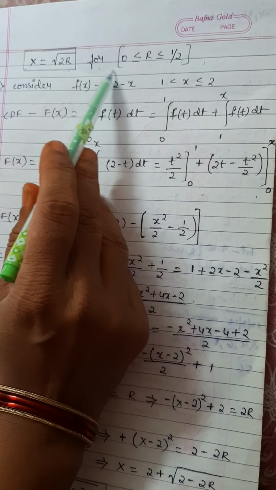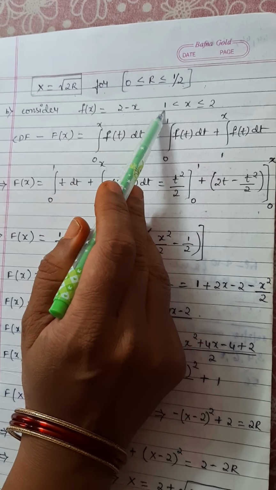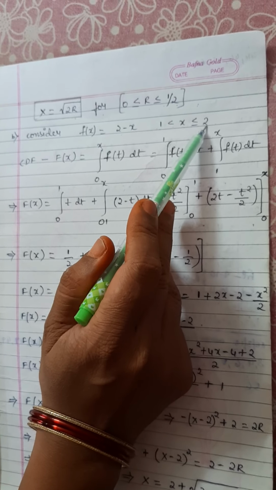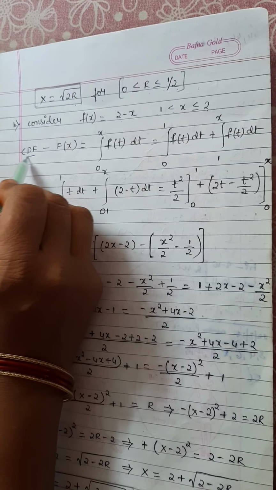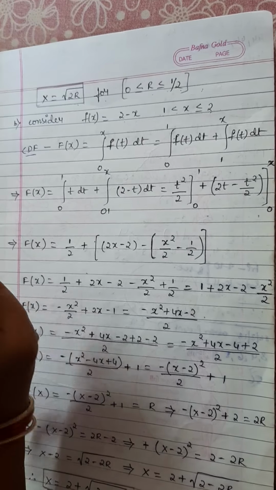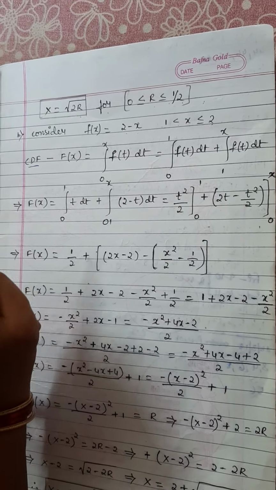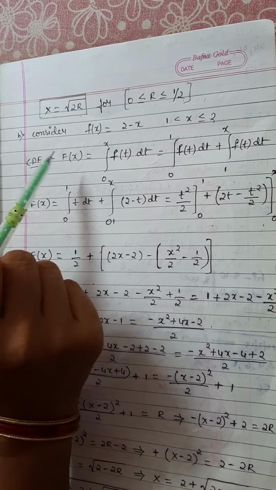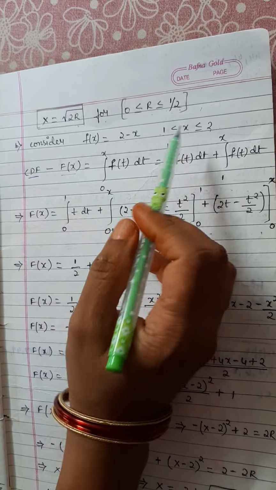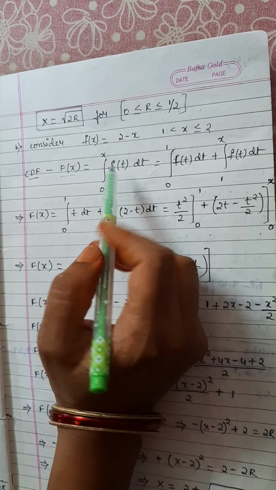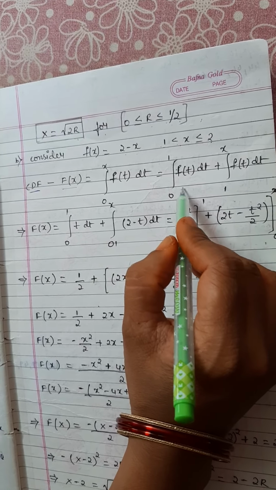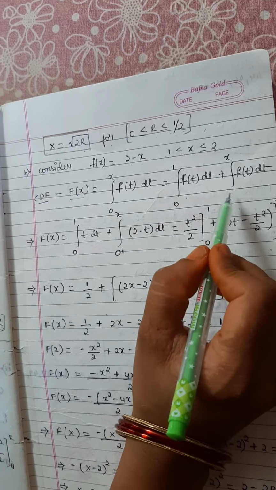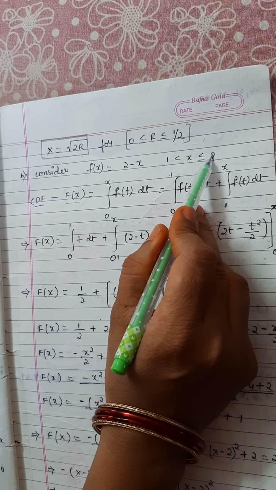Second part: f of x is equal to 2 minus x, where the range of x is 1 less than x less than or equal to 2. For this CDF, as we have already discussed, the cumulative distribution function is the summation of all the previous probability density functions. So capital F of x for the second range is the summation of the probability density from the first range 0 to 1 and the second range 1 to 2.